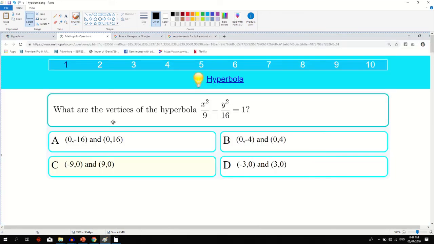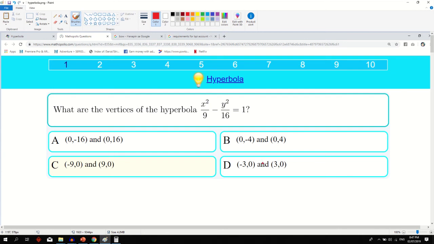What are the vertices of the hyperbola x squared over 9 minus y squared over 16 equals 1? As we can see, what will be the A here?